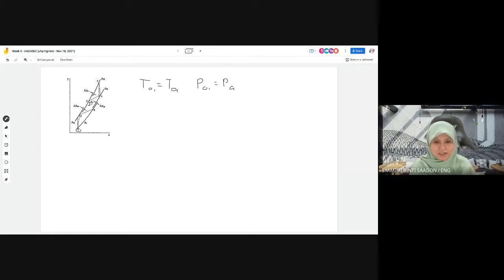If you see from the chapter slide, the one with the compressor efficiency, because the compressor efficiency is given here, we need to take that efficiency into consideration.